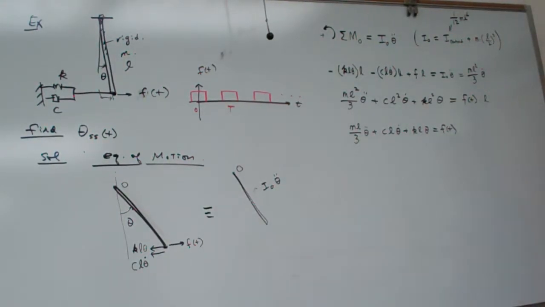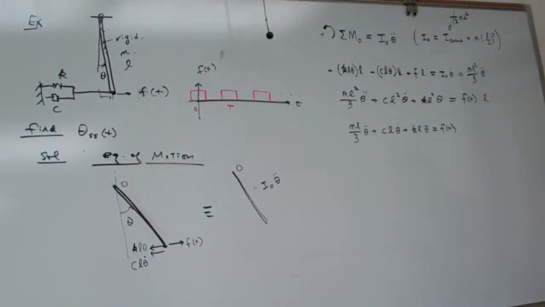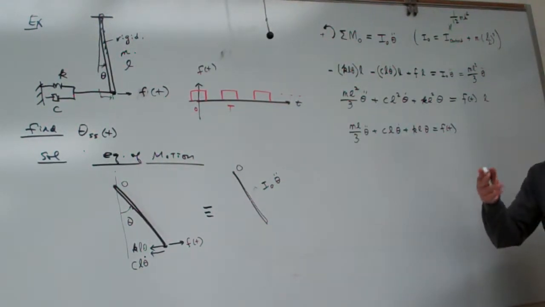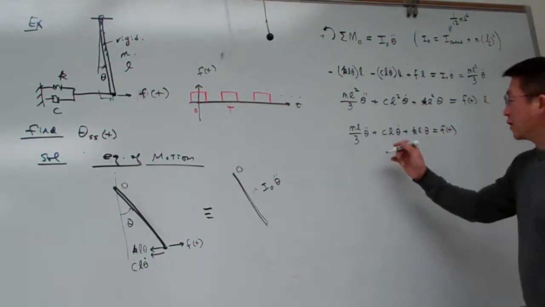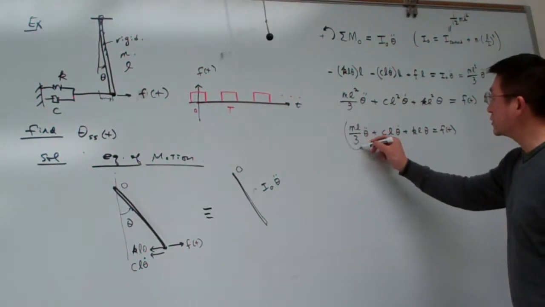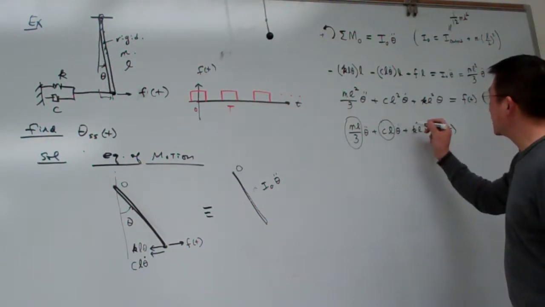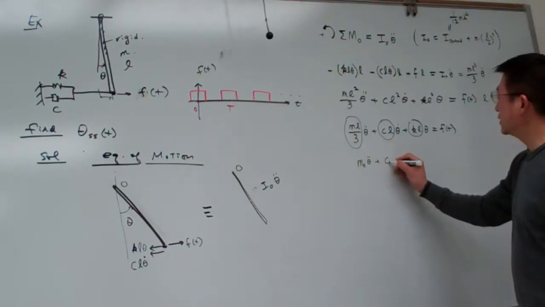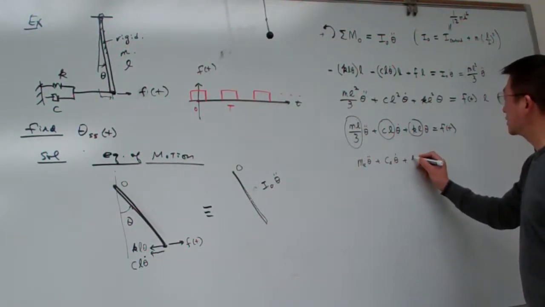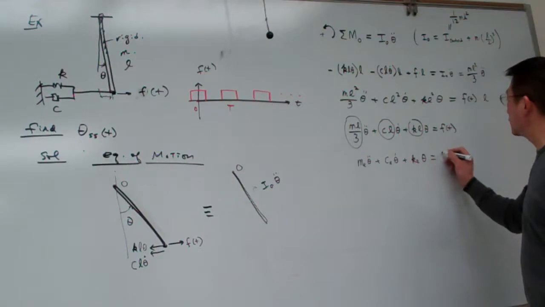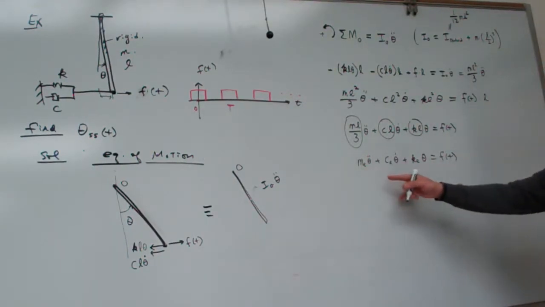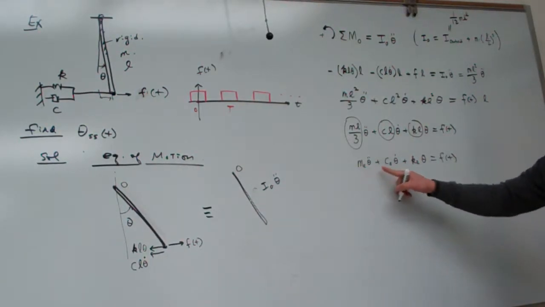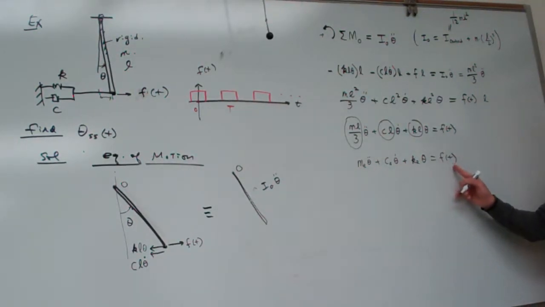This is a typical dynamic system. Because we want to plug into the template from the formulas we have, let me define the coefficients with some symbols. Let me say this is M_e theta double dot plus C_e theta dot plus K_e theta equal to F(t). Basically that becomes the mass-damper-spring system subject to this force.